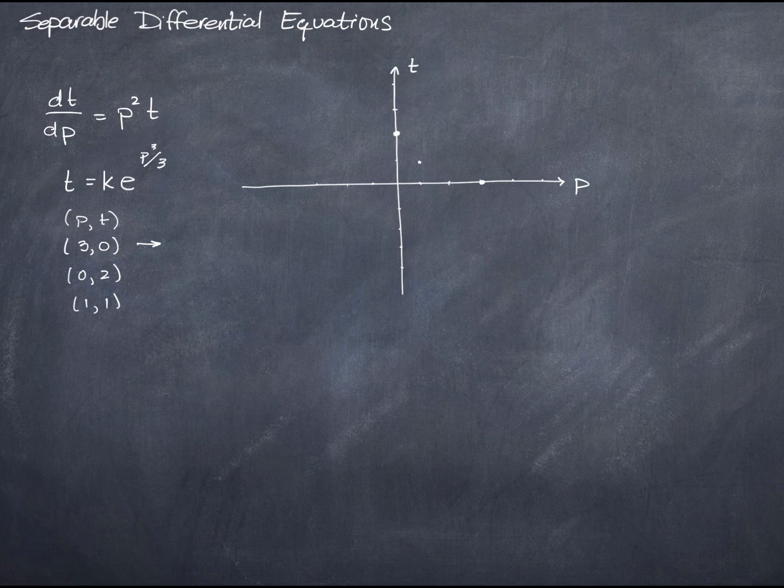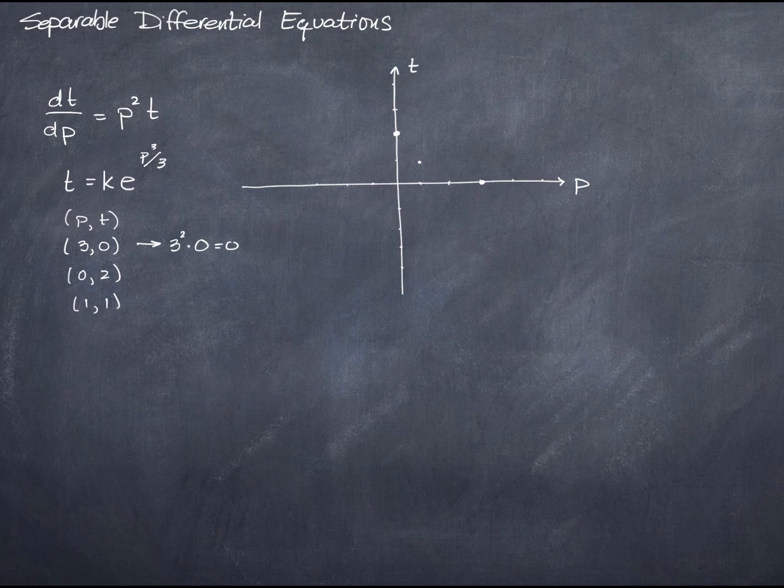In this case, that's going to be 3 squared times 0, which is 0. So my slope here will be 0. That's a little tiny line segment. The smaller you can draw them, the better, but make sure you draw them so that they're long enough to see what's going on. You don't want them to be super long, but you don't want them to be so short you can't really tell what's going on. So it's a little bit long, maybe.